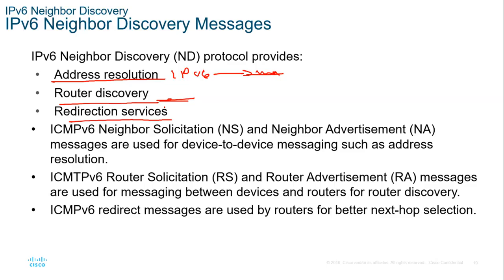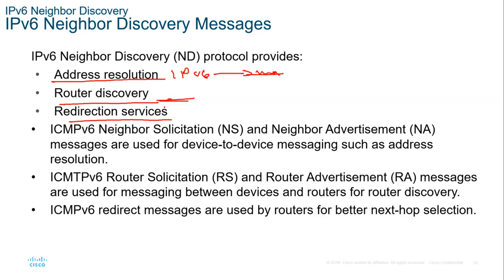ICMP version 6 neighbor solicitation and advertisement messages are used for device-to-device messaging to resolve the MAC address issue.